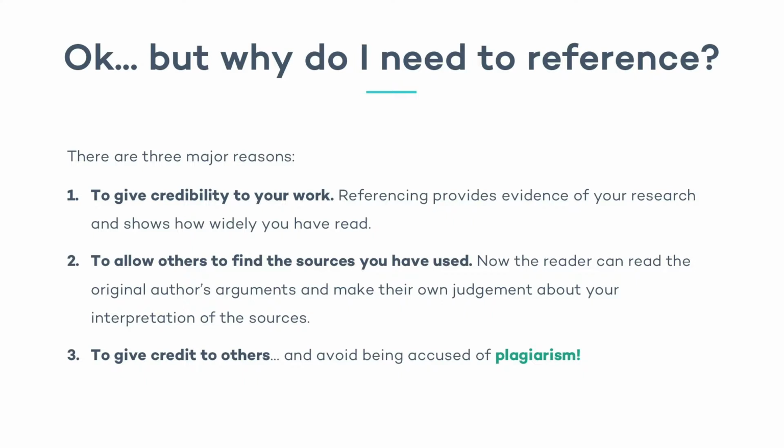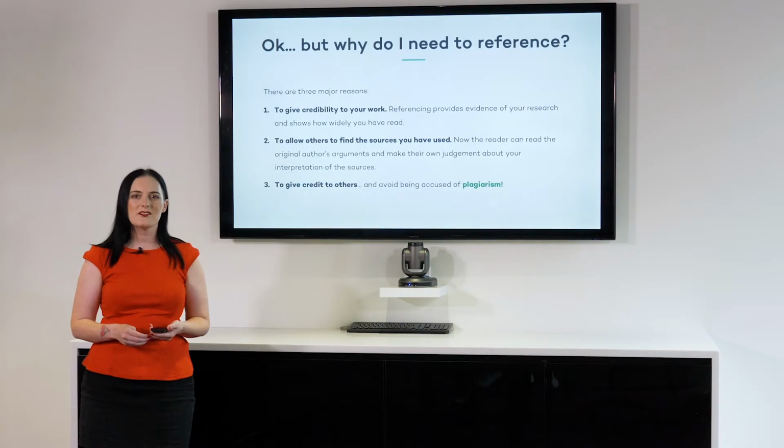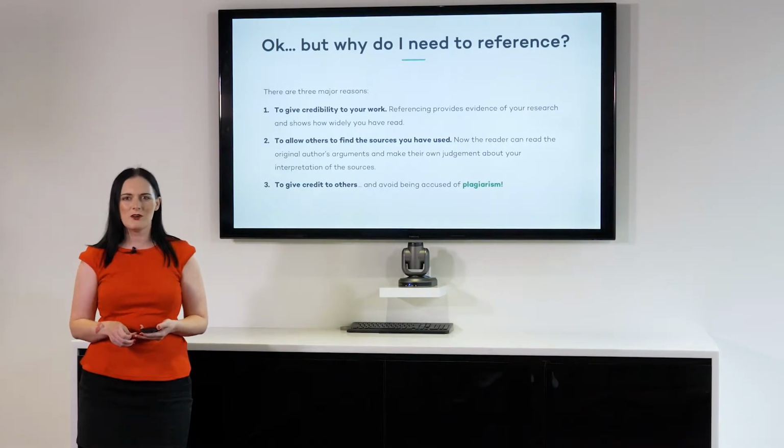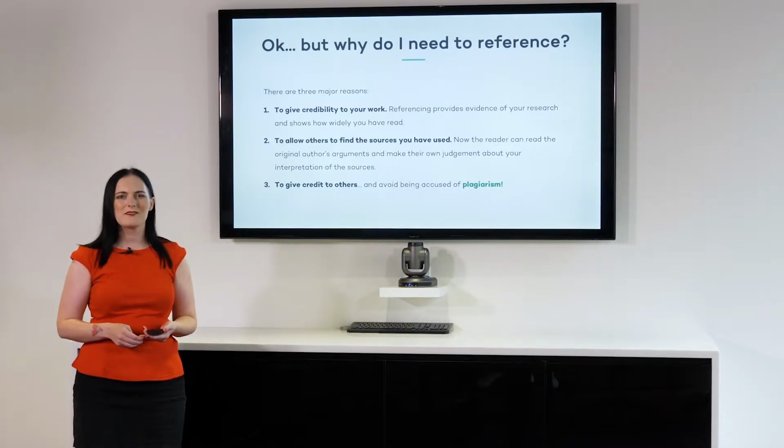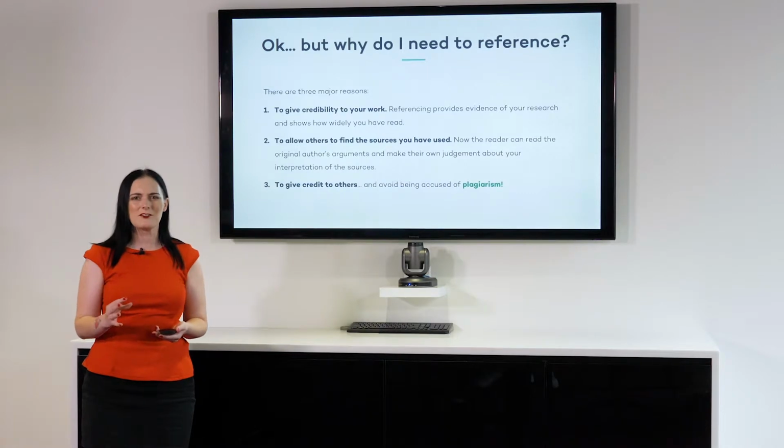Secondly, you want to allow other people to find the resources that you have used. Let's say you've written a really interesting essay, and in this essay you've referred to an idea by this author. And someone's reading your essay and they think, wow, that's actually a really interesting idea. I'd like to know more about that. But maybe I'll interpret it in a little bit of a different way.